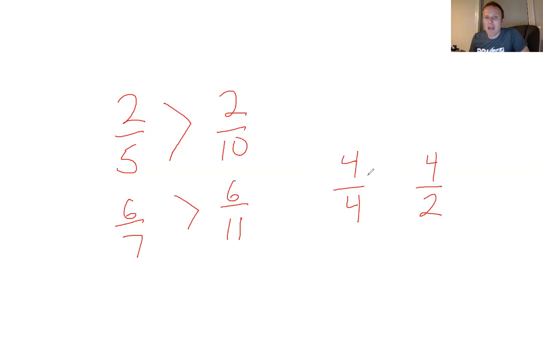So again, it doesn't matter though, even though we've gone beyond 1 over here, we're greater than 1 and we're at 1 here. We look at the numerators, they're the same. So now we figure out which denominator is smaller. It's this one over here on the right, the 2. That has been split less times, so those pieces are bigger. So this should be 4/4 is less than 4/2.